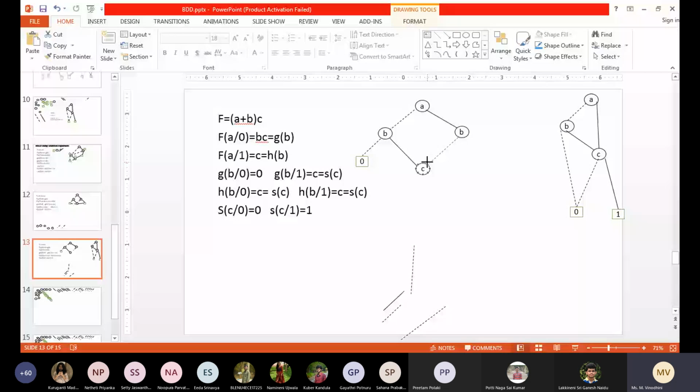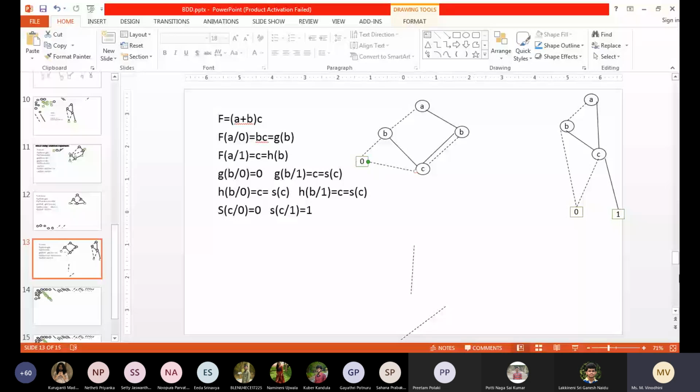Check, students, whether I'm doing it correctly. H of B when it is 1, it is going to the same S of C. Then this is S of C. S of C when it is 0, it is going to 0.